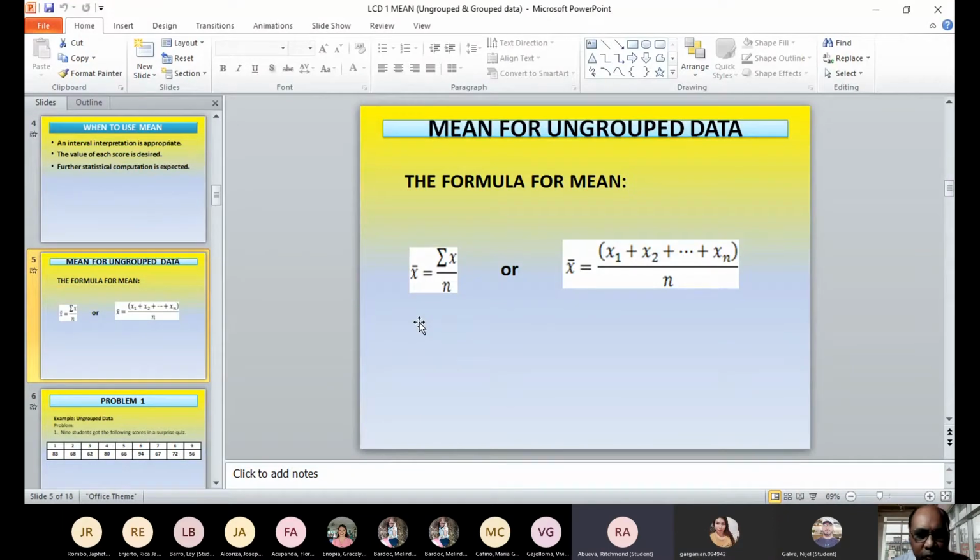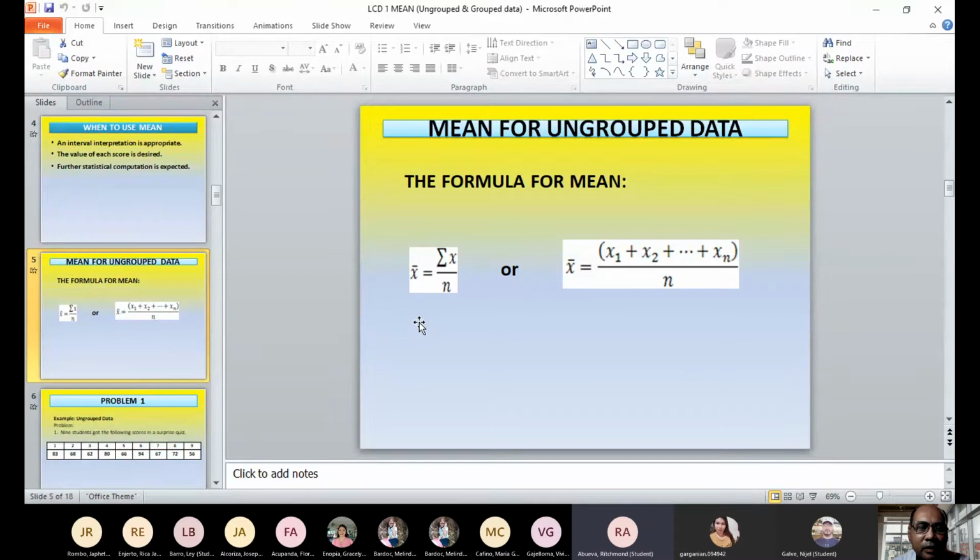Now, there are two elements of statistics: one is the population, that is big N, and the other one is the small n, that is the sample. A sample is a subset of the population.